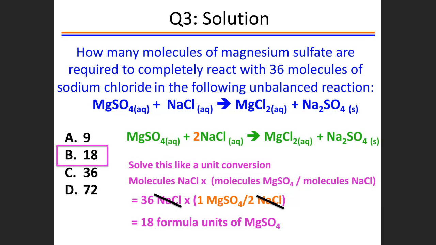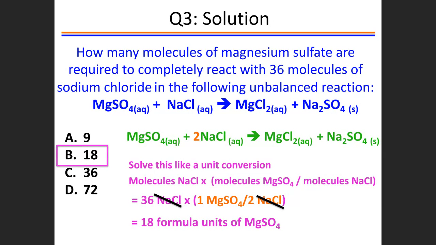Okay, so now you can see here 36 molecules of sodium chloride. Now we have here 2 molecules of sodium chloride, correct? So for 2 molecules of sodium chloride, we need 1 molecule of magnesium sulfate. So now they are asking for the 36 molecules.